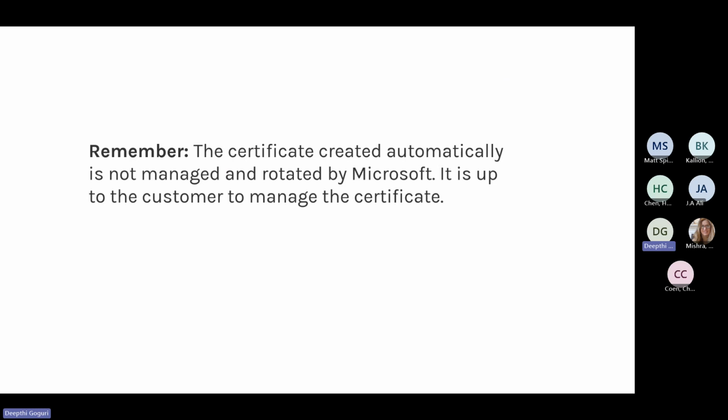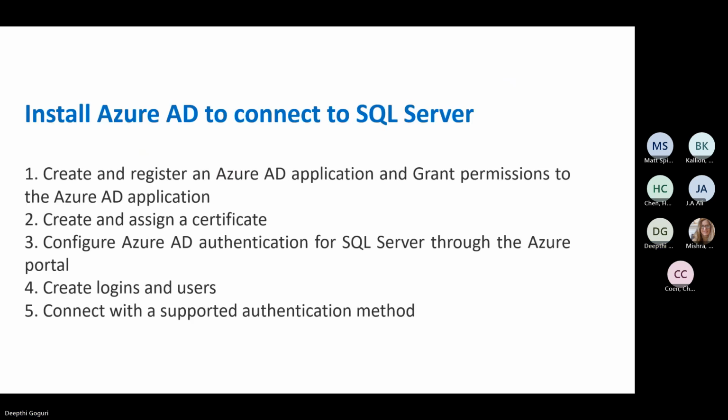This one I found while I was digging in during the installation, so I put this slide here. To install Azure AD to connect it to SQL Server, like I said, the first step is to create and register an Azure AD application and grant permissions to the Azure AD application.